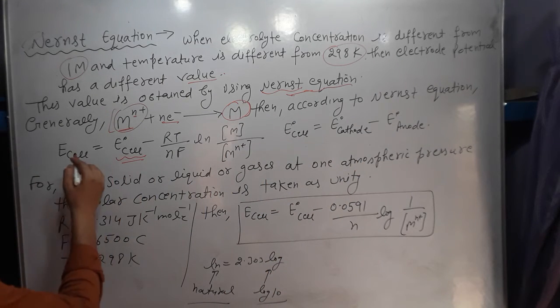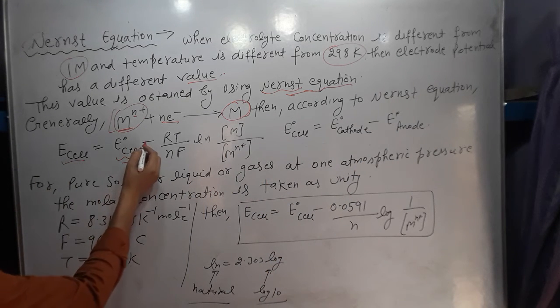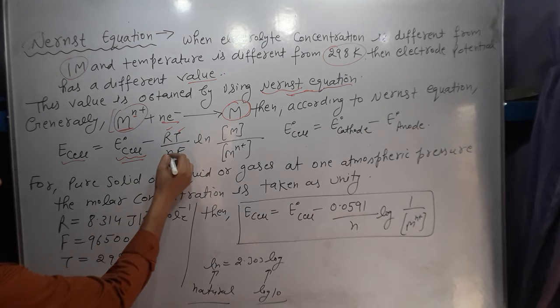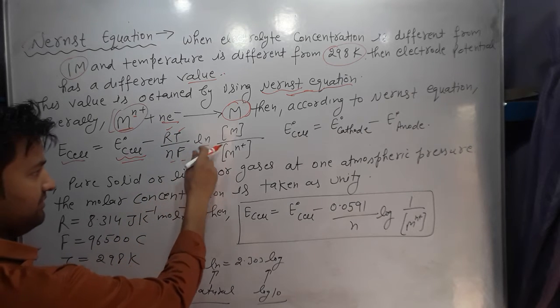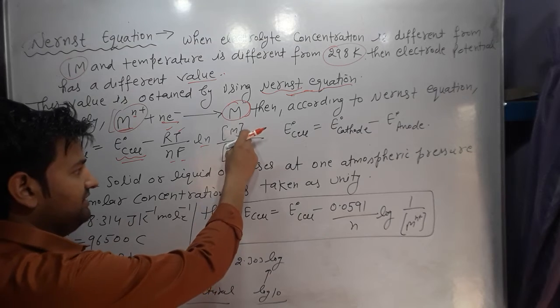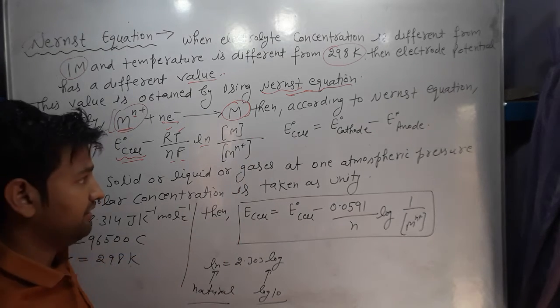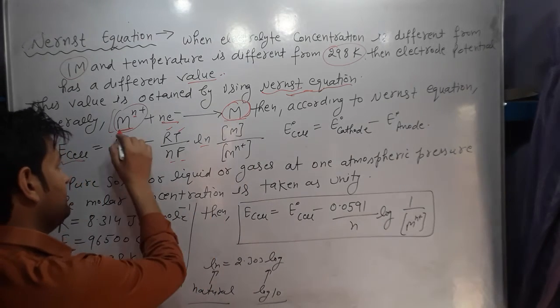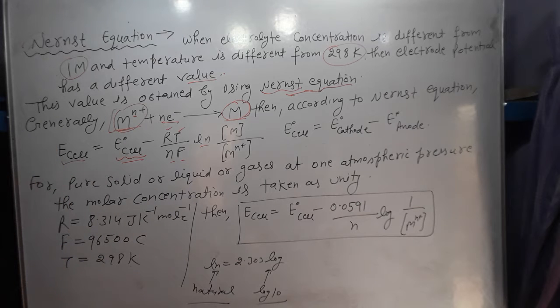So the EMF of the cell is equal to E° of the cell minus RT over nF times ln, the natural logarithm of the concentration of metal over the concentration of its ion, or we can say the concentration of product over the concentration of reactant.